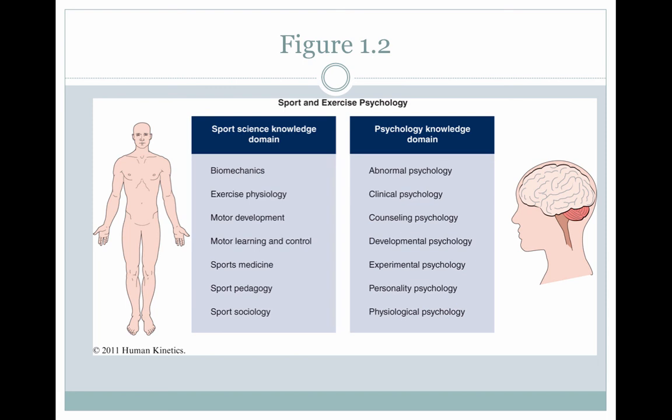But we're also well versed in the psychology component, and that can take on a lot of different forms like listed here. That's where abnormal psych will come in, clinical psych, counseling psych, developmental psych, a lot of different areas. But what a sports psychology professional will do is blend these two.